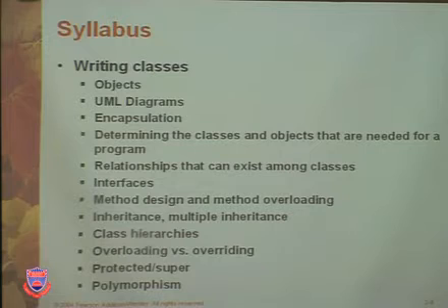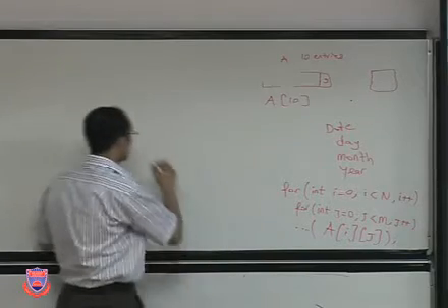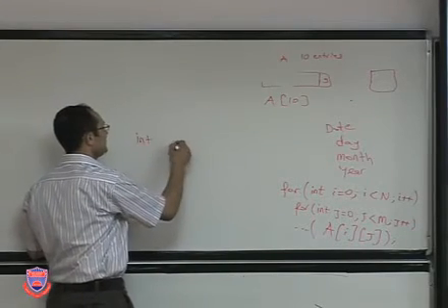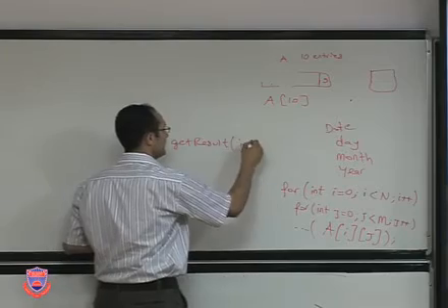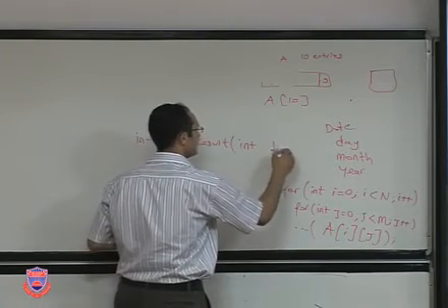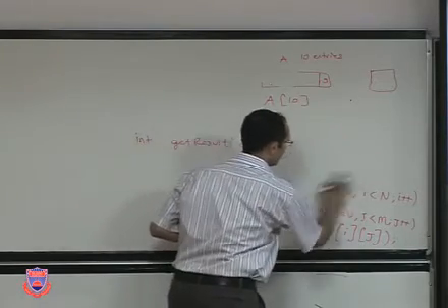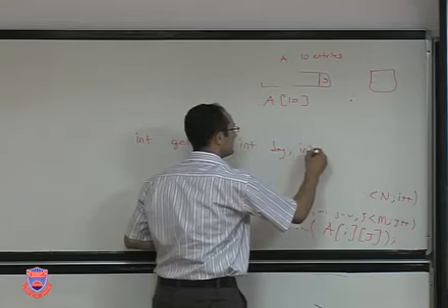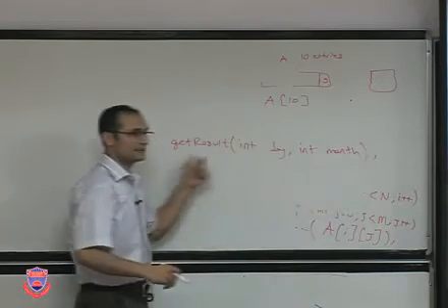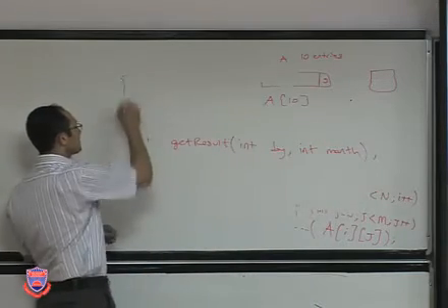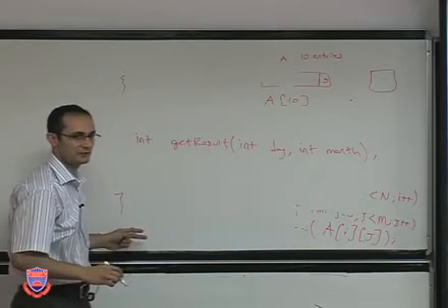For example, let's say within the interface you have a method that returns int get result, and then you have int day, and int month. In my interface I define this as one of the class's methods, and I define the rest of the class properties as well.